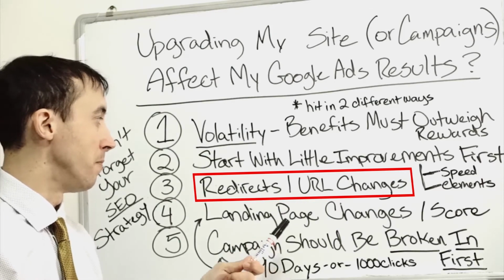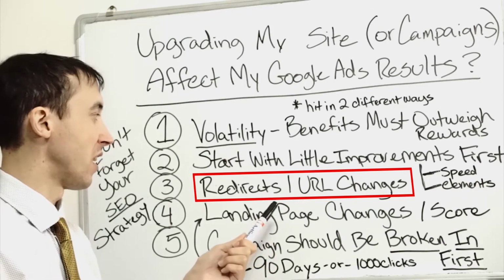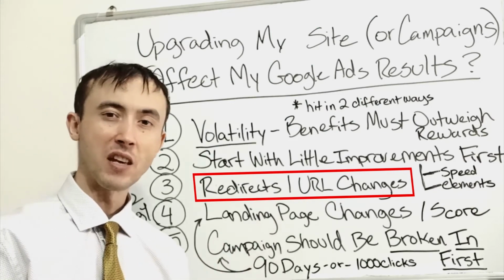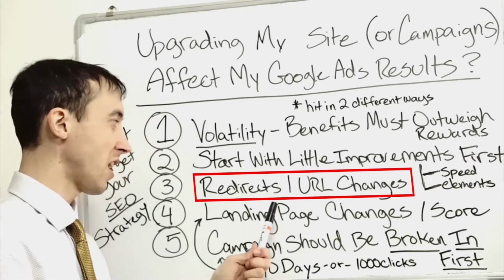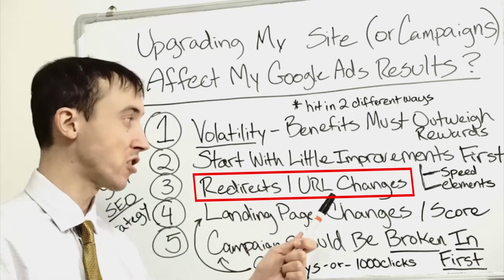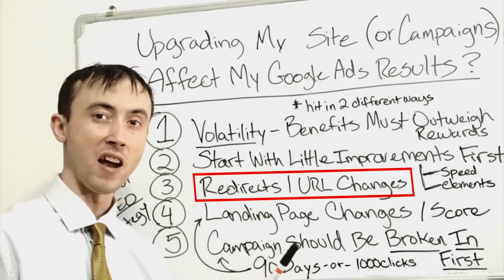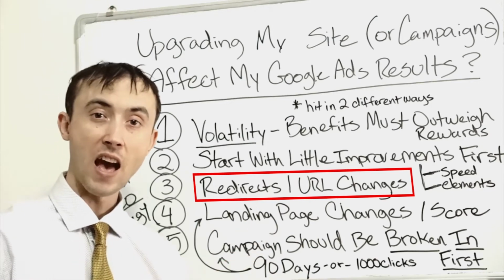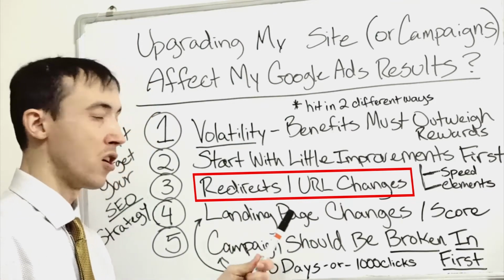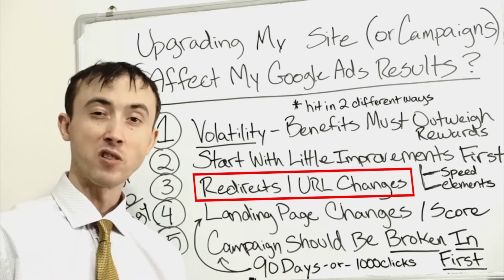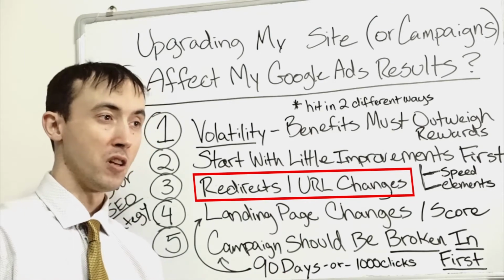Beyond that, if you are going to upgrade the website, in order to get as little downtime with your ad campaign as possible, keep in mind your ad campaign can't do redirects. You actually have to update the URLs on each one of your ads to have a new URL to take the users to from your ad campaigns. So I would recommend using your AdWords Editor bulk upload tool.